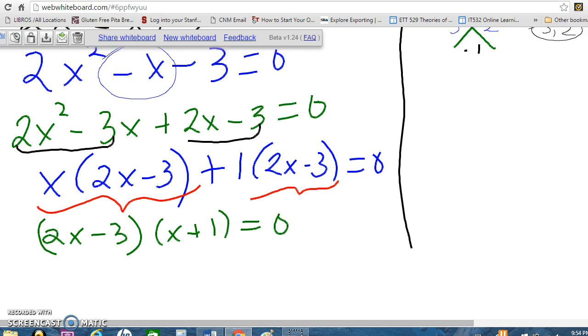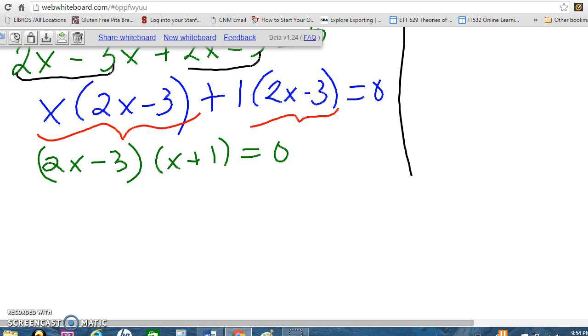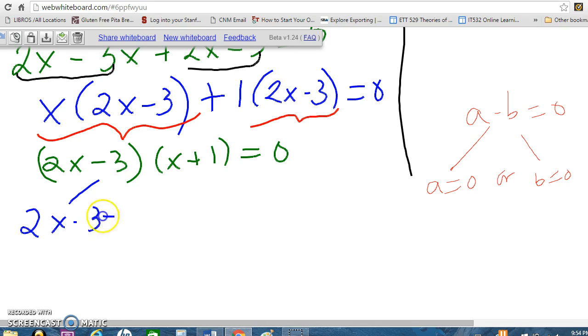So now that everything is factored out, we are free to use the zero property. Again, that is a times b is equal to 0. Then that means that either a is equal to 0 or b is equal to 0. So when we have this, we have either 2x minus 3 is equal to 0, or x plus 1 is equal to 0.